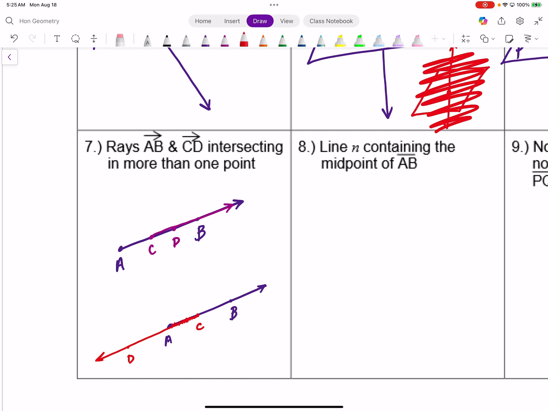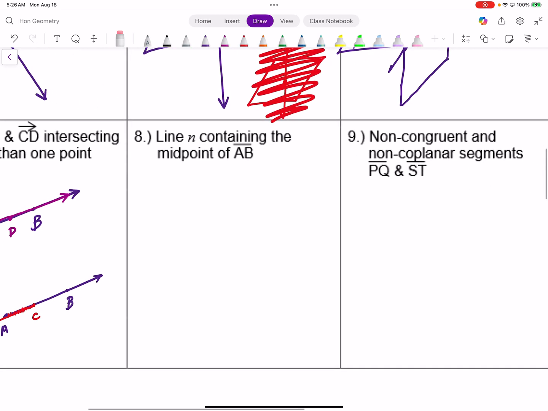Or you could put D right there. I mean, you've got all sorts of options, they just can't intersect in just the single point. So they're going to have to be collinear is basically what we're getting at in some way so that they'll overlap in an extended little piece of space.